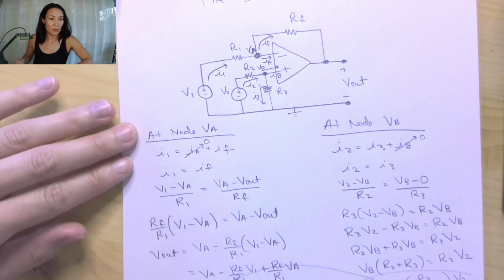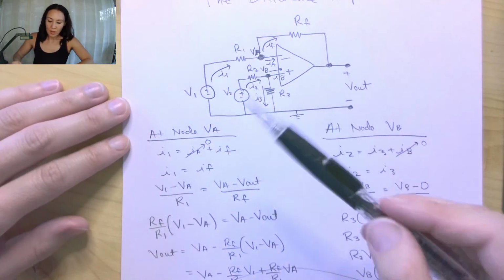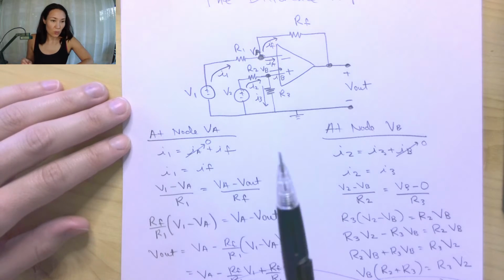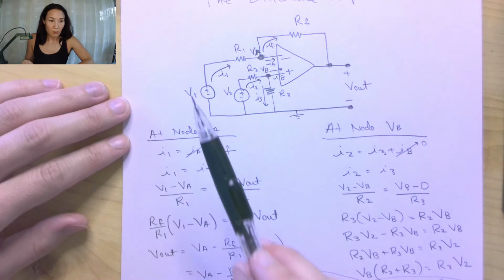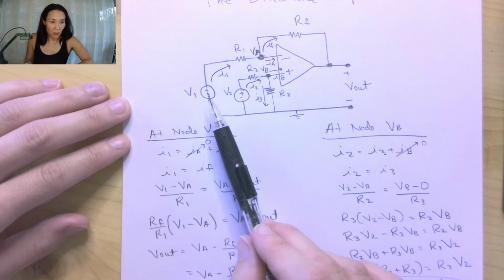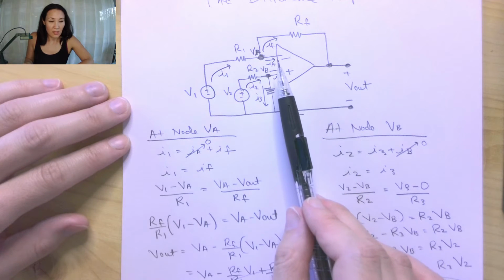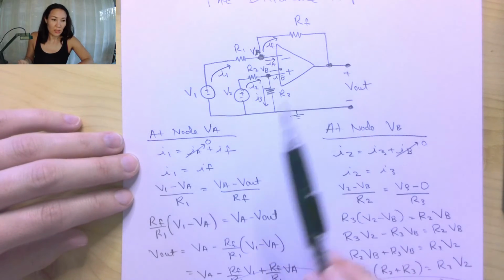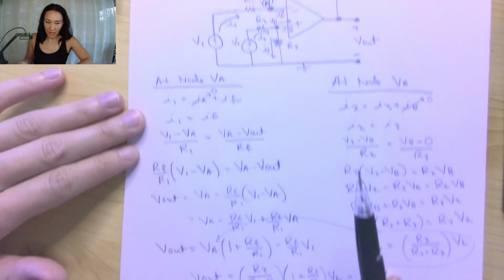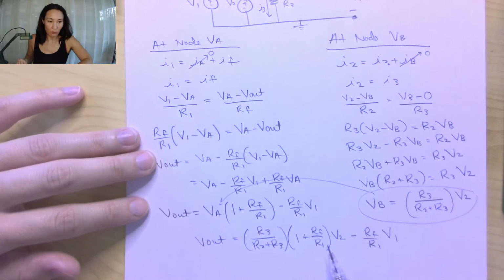So when you go to do these homework problems, you first recognize what kind of amplifier it is. We know this is a difference amplifier because we have an input voltage going to both the inverting and the non-inverting inputs. And then you'll do circuit analysis just like we did here to come up with some relationship of resistors.